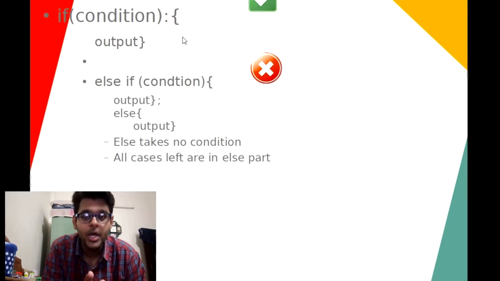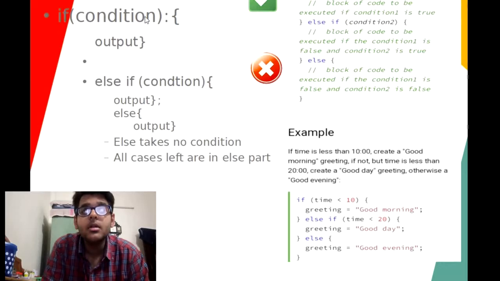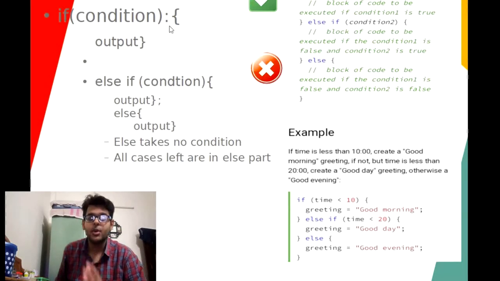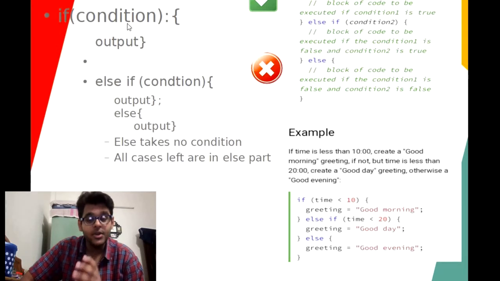So here's an example for you. We put a condition in the parentheses after if, and if this condition is true, then it will go to our next step, and this block of code is executed if the condition in the if block is true.